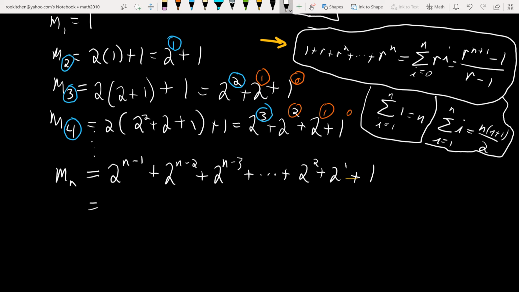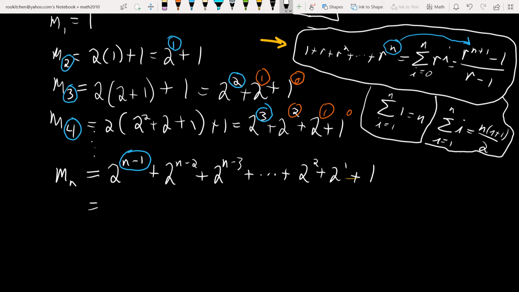Using the formula with the yellow arrow pointing to it there, it's normally r to the n minus 1 all over r minus 1. For this formula to work, this n is the n you're seeing right here. In our case, the n is this n minus 1, so it's a little weird, right?